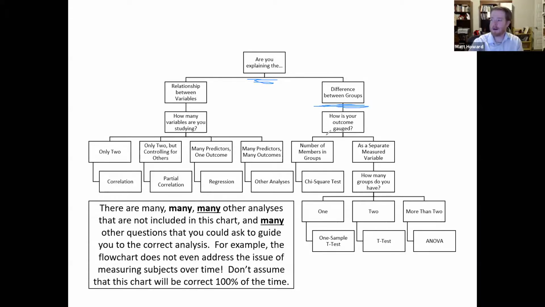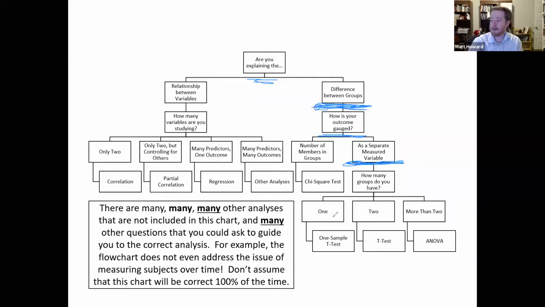And we're only going to talk about when our outcome is gauged as a separate measured variable. So we might have something like the difference between classrooms, and we're comparing their test scores. Our grouping variable in that example was classrooms, and our outcome is test scores as our separate measured variable.